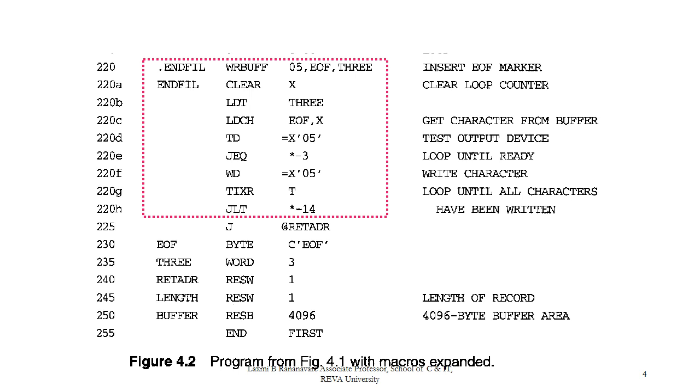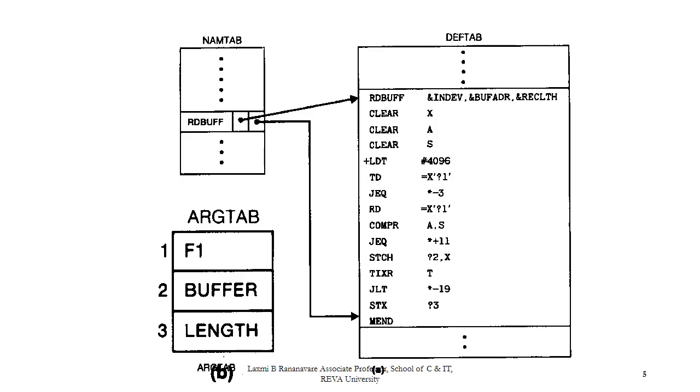We also saw that in line number 220, write buff 050 EOF and 3, these are the actual parameters in the call, and wherever it is appearing, we are going to store this information in this def tab.